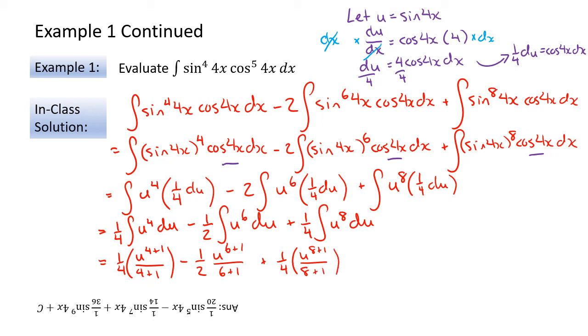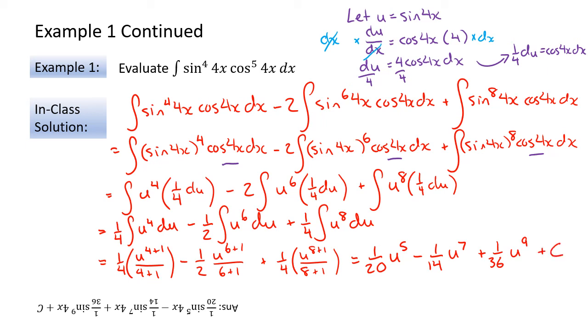Okay? If I simplify those, I get 1 over 4 times 1 over 5 is 1 over 20, u to the exponent 5, minus, in this case, I have 1 over 2 times 1 over 7, which is 1 over 14, u to the exponent 7, plus 1 over 4 times 1 over 9 is 1 over 36 u to the exponent 9, and then plus a constant.